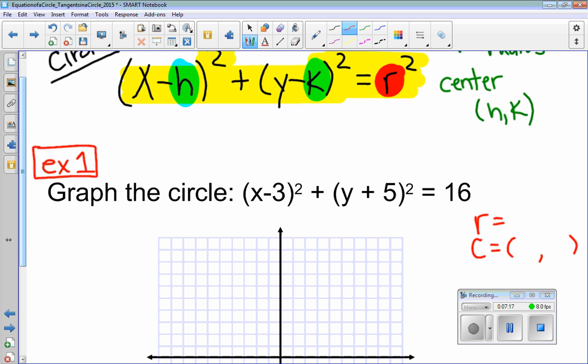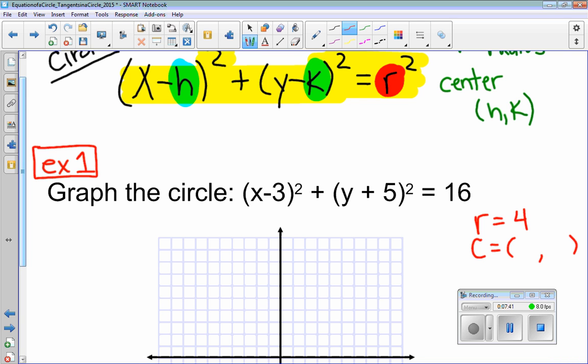So as you're writing it down, can you identify the radius? What is it? It's not 16. What squared is 16? 4. So 4 is actually the radius. Okay? Notice the equation says r squared. So whatever number squared is 16.